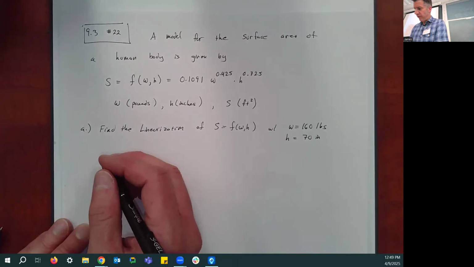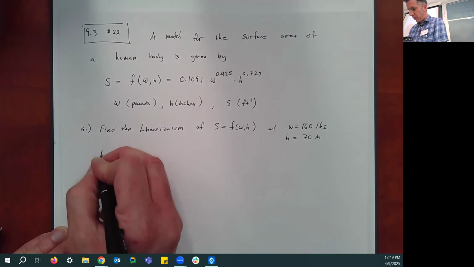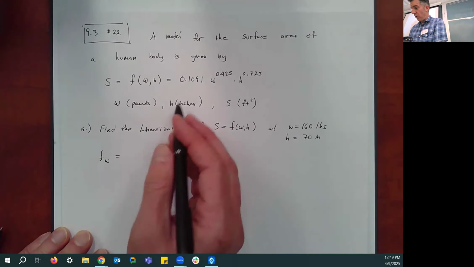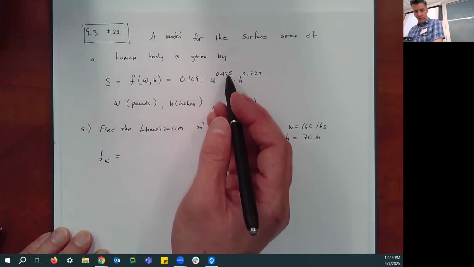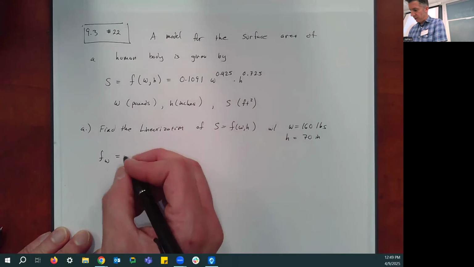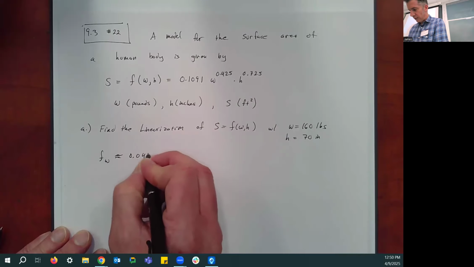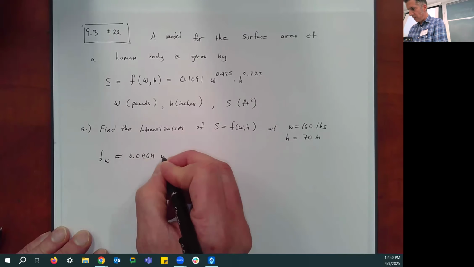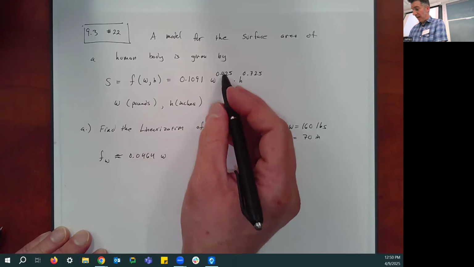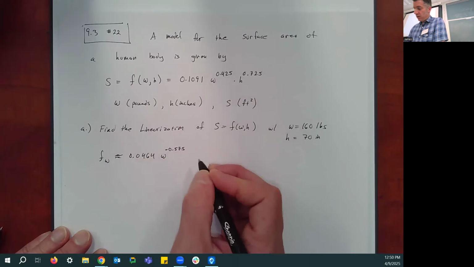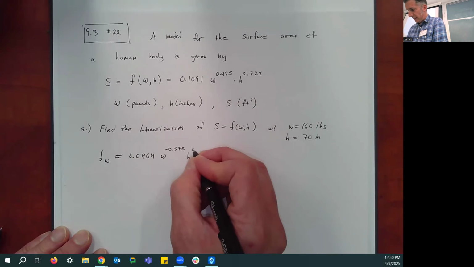All right, so here's what we've got. The partial in the W direction is 0.1091 times 0.425, which is approximately 0.0464, times W to the 0.425 minus 1, which is negative 0.575. H still sticks around as is.